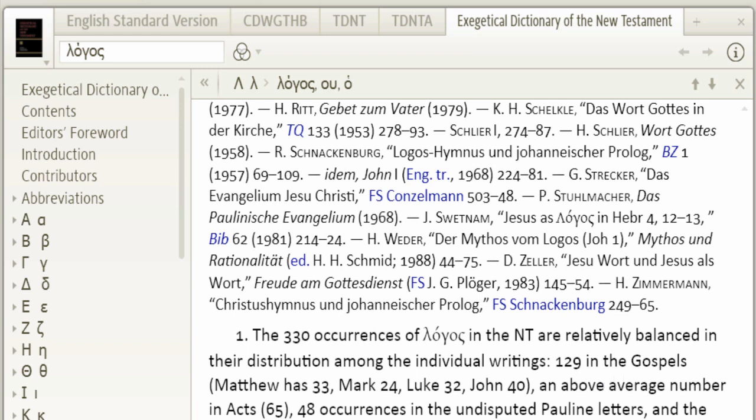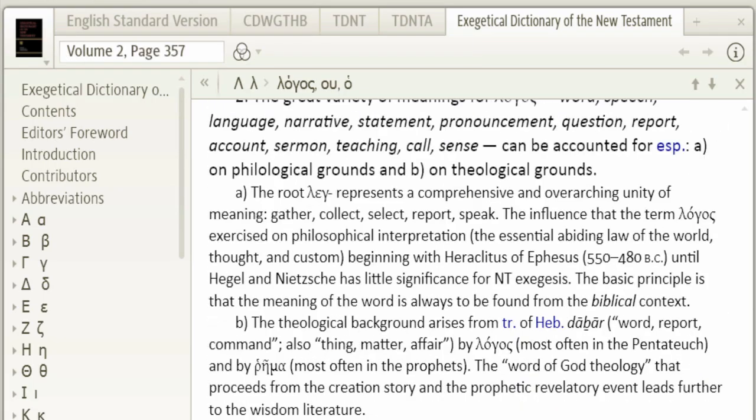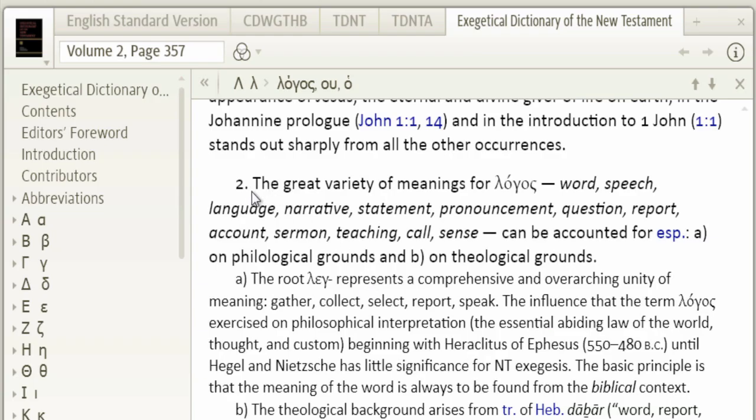For example, it doesn't appear in Philemon or 2 John or Jude. Then, in another section, it gives you the range of meanings that the word has. Here in this sub-article, number 2. So this Greek word logos can be used in a variety of ways.